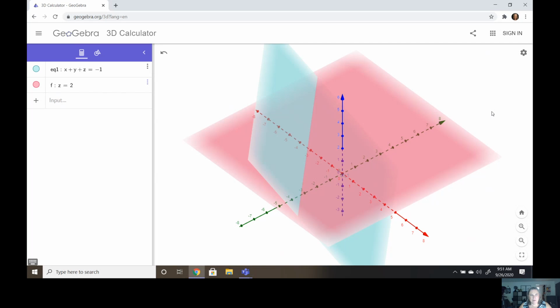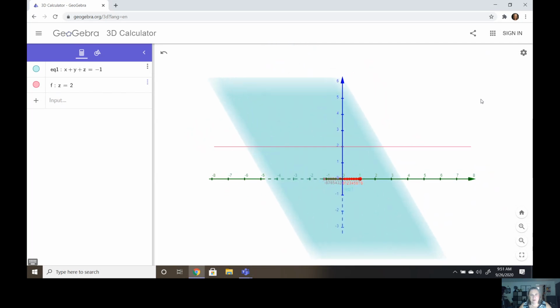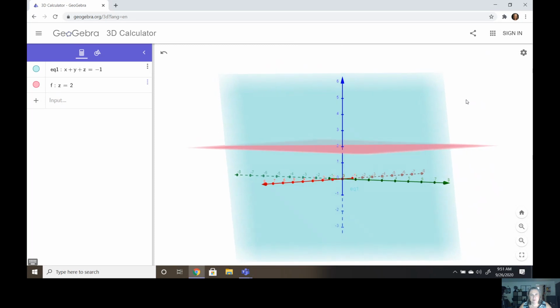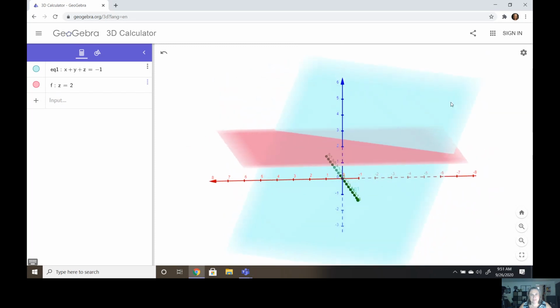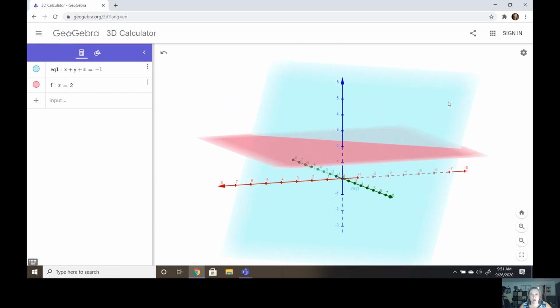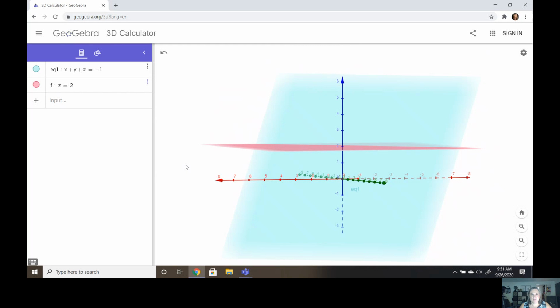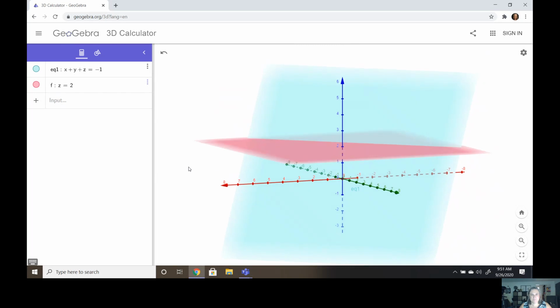Okay, so what I put in was Z equals 2. So where's the Z axis? It's up here. And so that goes through at Z equals 2. And so that would be level or parallel to the X and the Y axis. Okay, you can see that it's parallel to those.